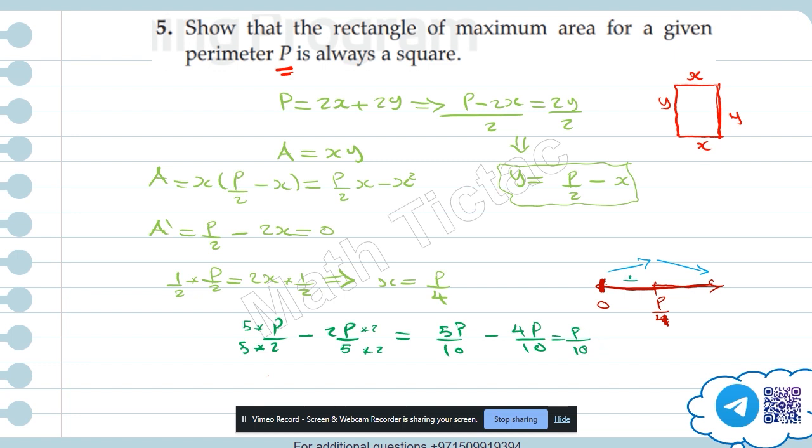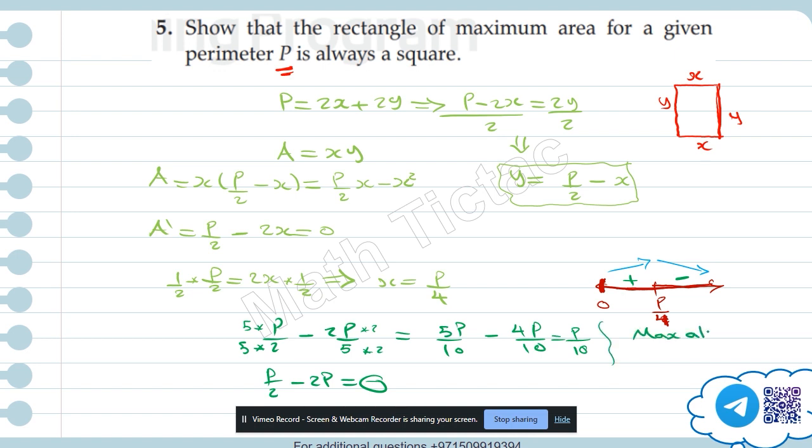So this value is positive. Now, if you try a value greater than P over 4, let's take P, and substitute that in the derivative: P over 2 minus 2P is going to be a negative value. So this is negative.